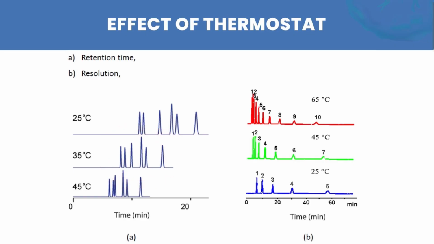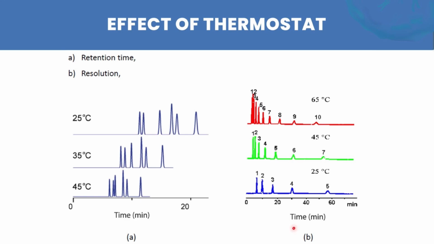At 35 centigrade, their separation is more efficient, and at 25 centigrade, they also have a good separation, but the time of elution increases. So in these three options, we can see that 35 centigrade is the optimum temperature for resolution of the peaks.